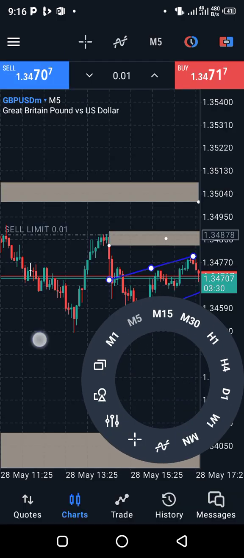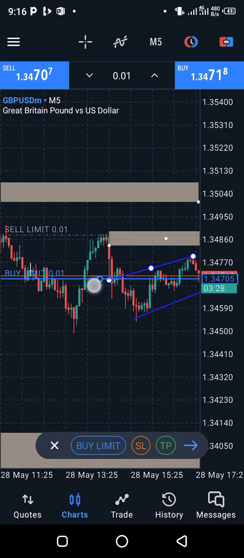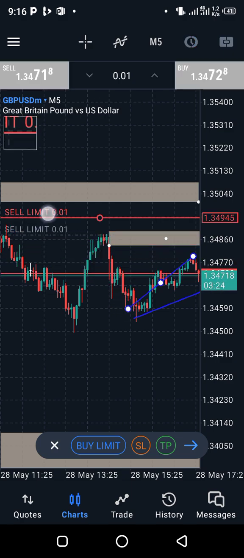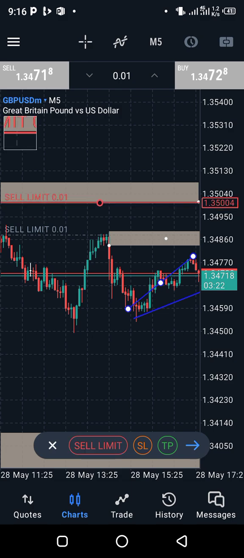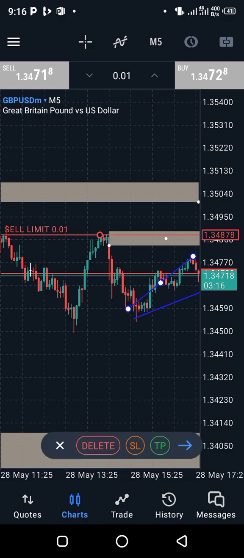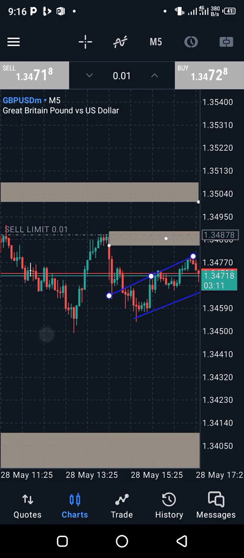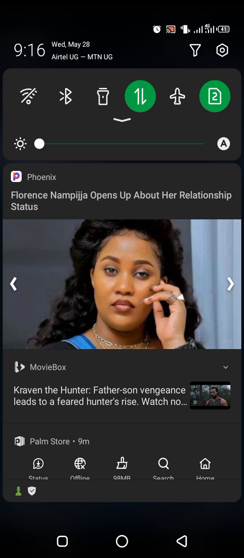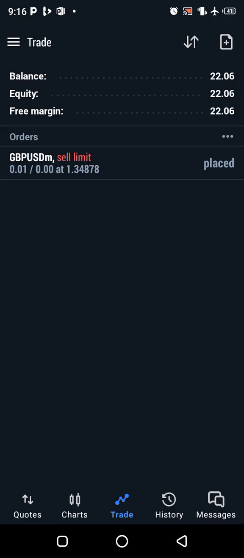Also, I'll place another one around the blue area. All right, that will be my second position. Anyways, let me just place only one position. This is a $20 account. Let's first move everything so that I don't disturb you.